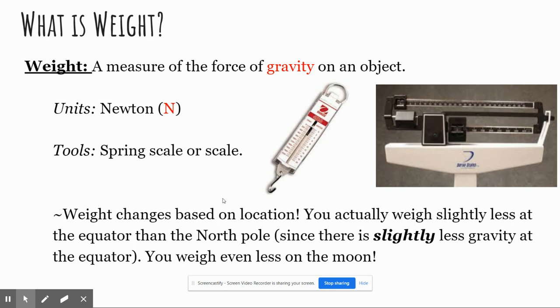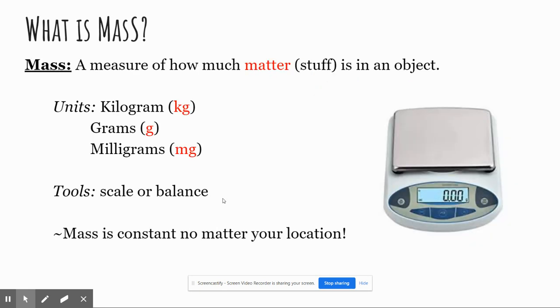Because it is a matter of how much gravity is pulling on you, and there is less gravity on the moon than there is on Earth. So weight is going to change based off of different locations on Earth, based off of different locations around our solar system or universe. Whereas mass, how much stuff makes you up or makes a remote control up or makes a shoe up, right, is going to remain the same.